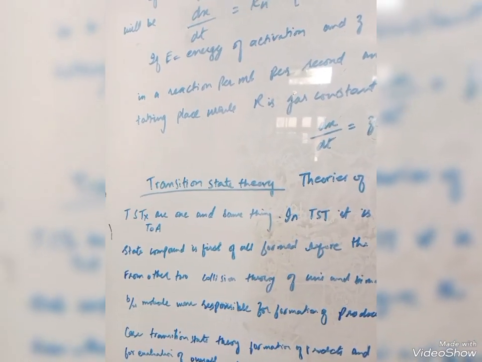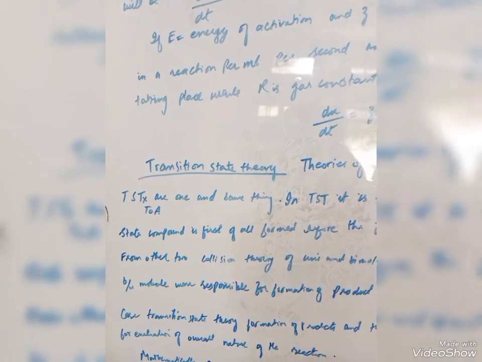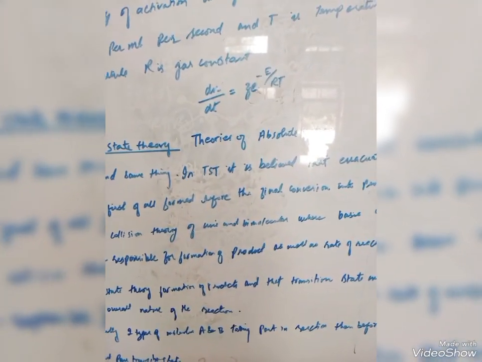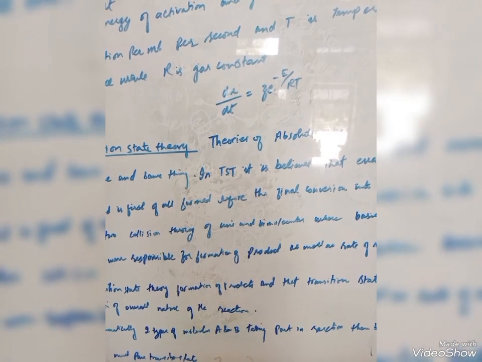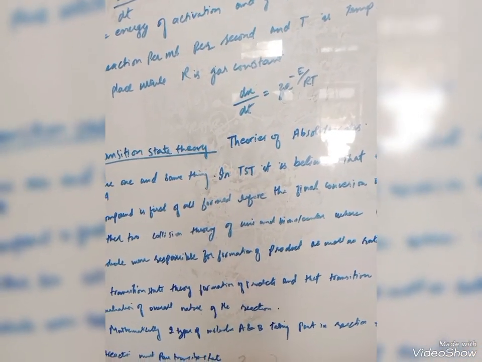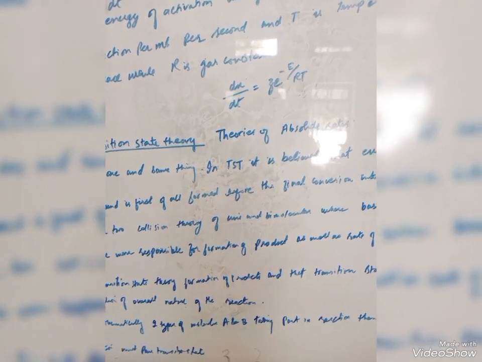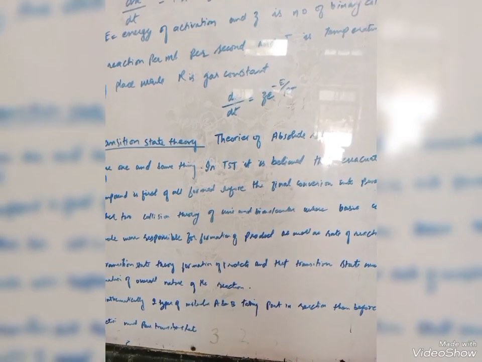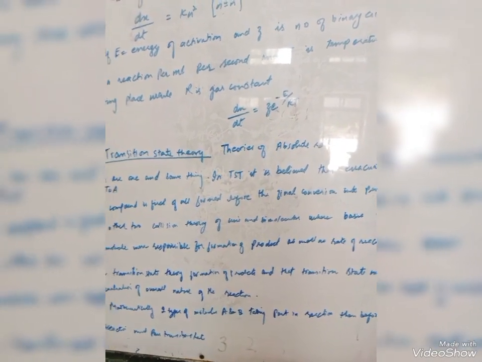Let's start with the transition state theory. The transition state theory and the theory of absolute rate of reaction are one and the same thing. In transition state theory, it is believed that an activated complex or a transition state compound is first of all formed before the final conversion into the product.